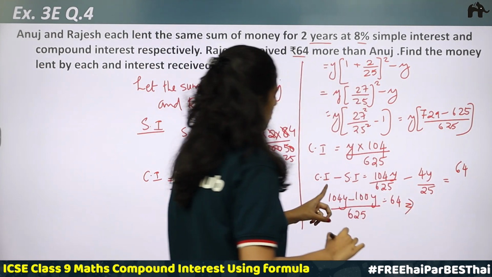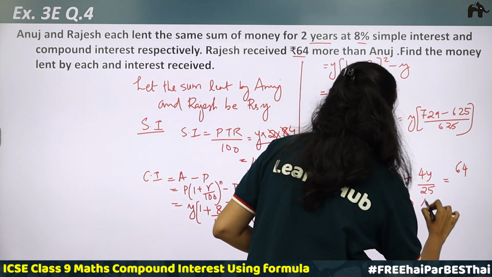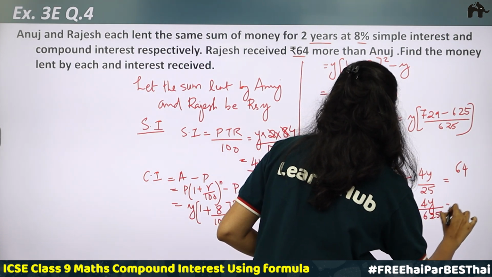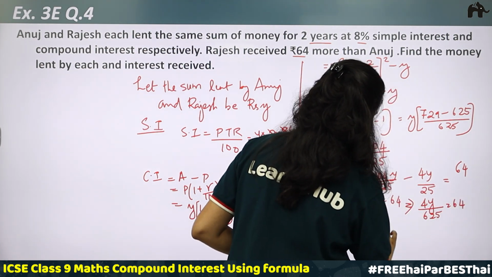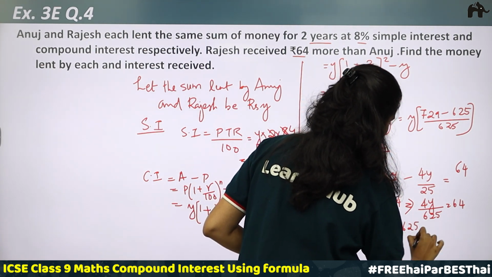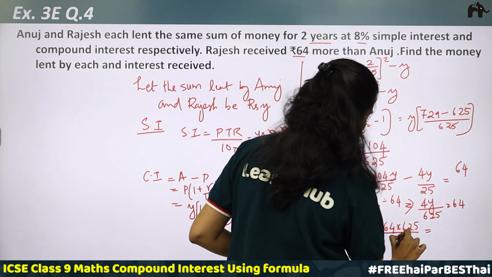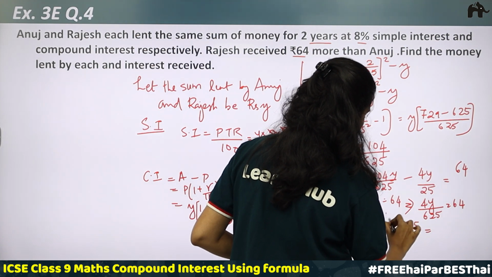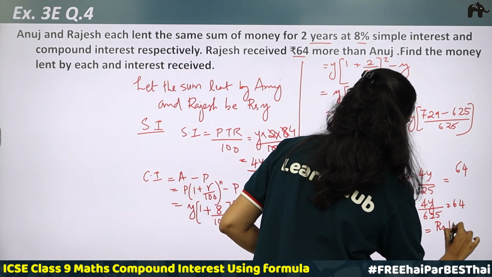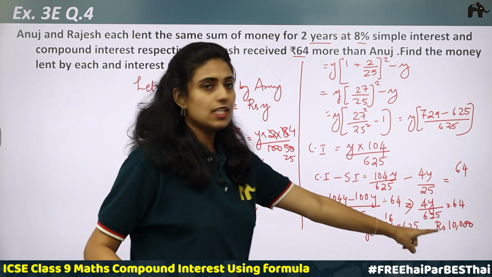So 104Y minus 100Y will be equal to 4Y. 4Y divided by 625 is equal to 64, or Y is equal to 64 into 625 divided by 4. When you cancel this, you will get 16 into 625, and that is rupees 10,000. So the amount that they have invested is rupees 10,000.